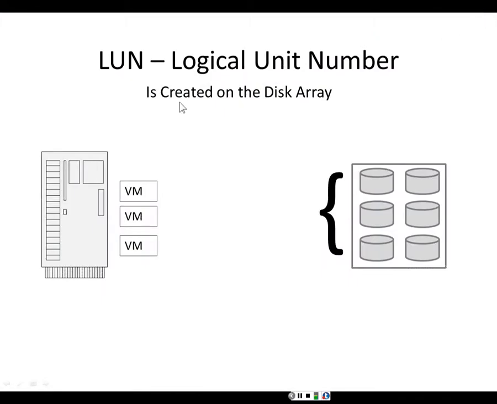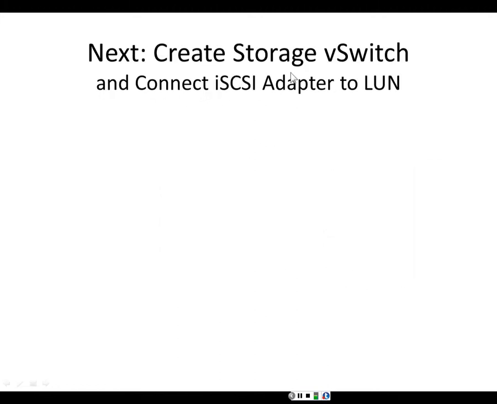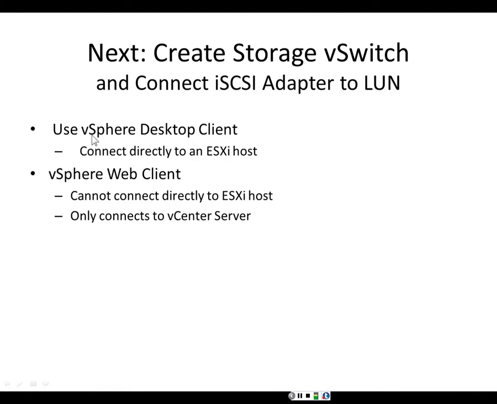Now that we have created the LUN on the disk array, then we can move on to creating a virtual switch to connect the iSCSI adapter to the LUN. To create a virtual switch, we will use the vSphere desktop client because that allows us to connect directly to an ESXi host.